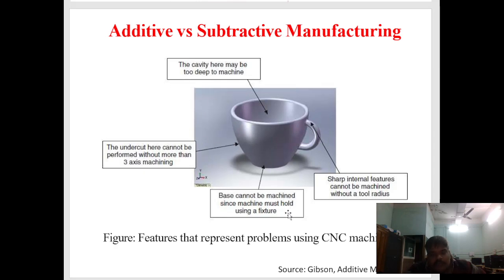Bases cannot be machined; in machining they must be held using a fixture. Sharp internal features cannot be machined without a tool radius. So these are the problems which arise in subtractive manufacturing. Then we move towards additive manufacturing. This data is taken from the source, Gibson, Additive Manufacturing.